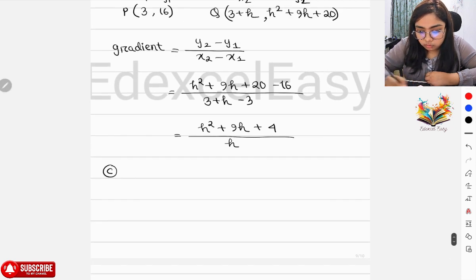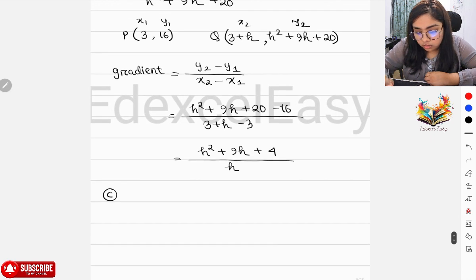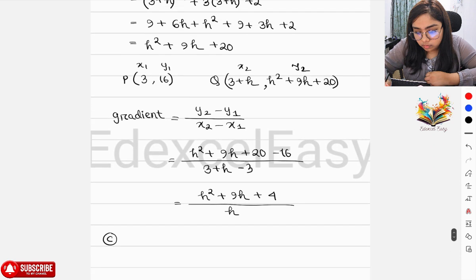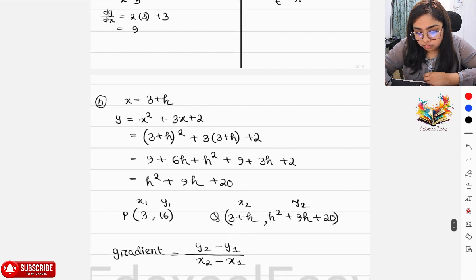Wait, one minute. 9h squared plus 9h plus 4. I'm not sure if I'm making any mistake. 3 plus h whole squared plus 3 plus h, which is 3 into 3 is 9, 3h plus 2. So you get h squared, 9h, 20.